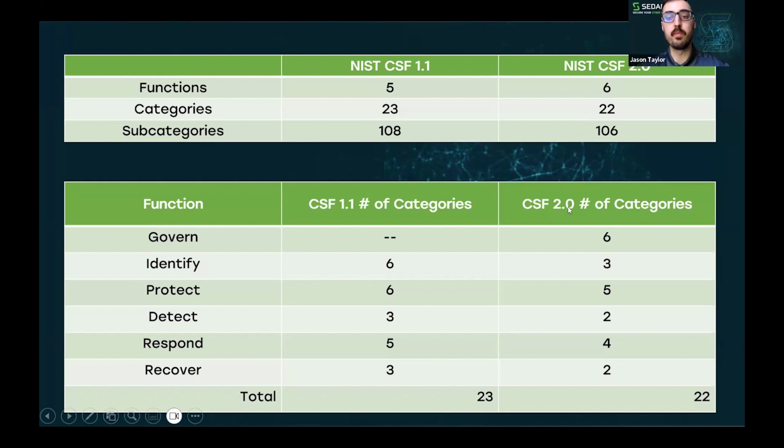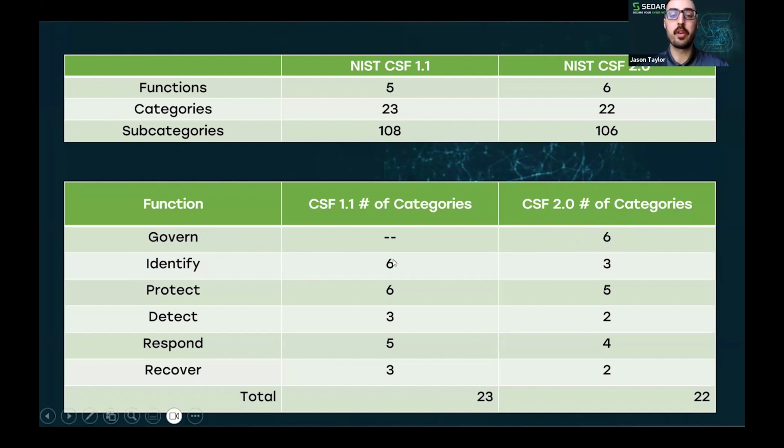Note, this is a little more apparent with the number of categories assigned to each function. With the addition of the Govern function, that function actually has the most categories assigned to it. It's a pretty verbose section, this brand new one.